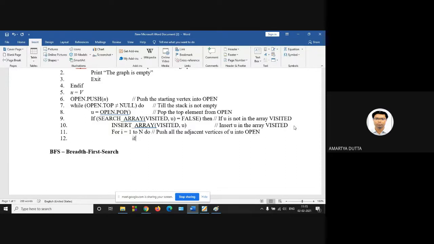So if your GPTR of u comma i is equal to 1, that is, there is a connection, then open dot push of i.